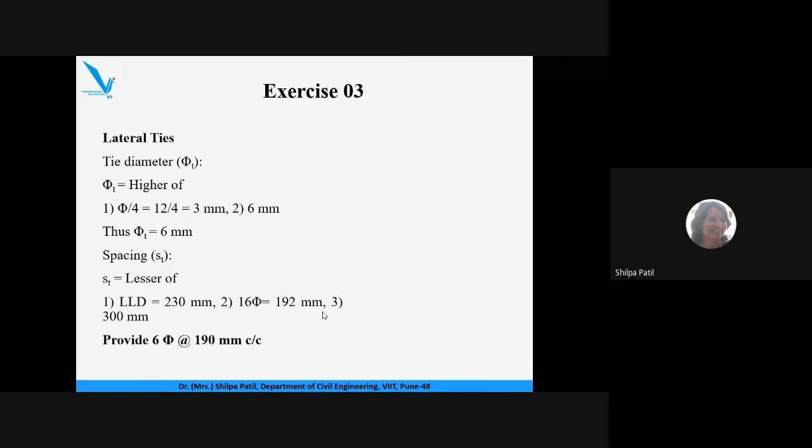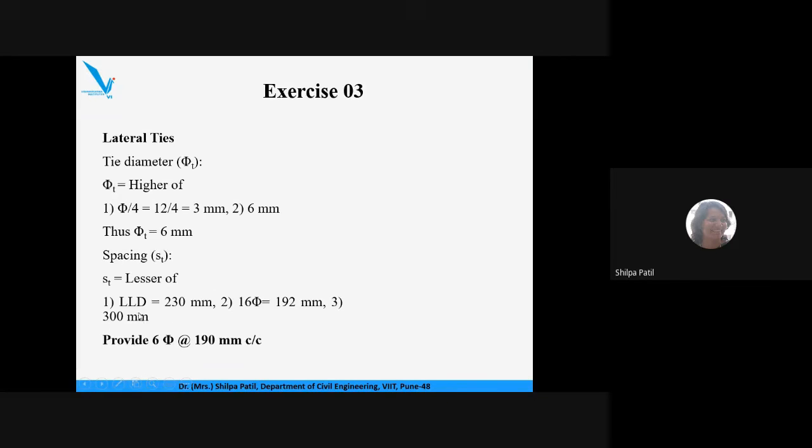And next is designing the lateral ties. For lateral ties, the criteria for diameter is already specified in the IS code. The diameter of the tie should be the higher of 1/4 of the diameter of the longitudinal bar or 6 mm, whichever is greater. So 6 is greater, so the diameter of the tie is provided as 6 mm.